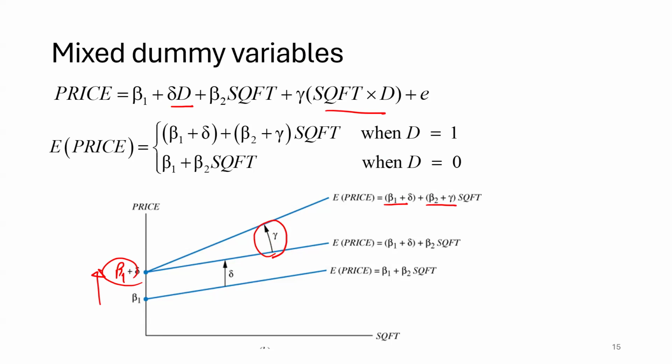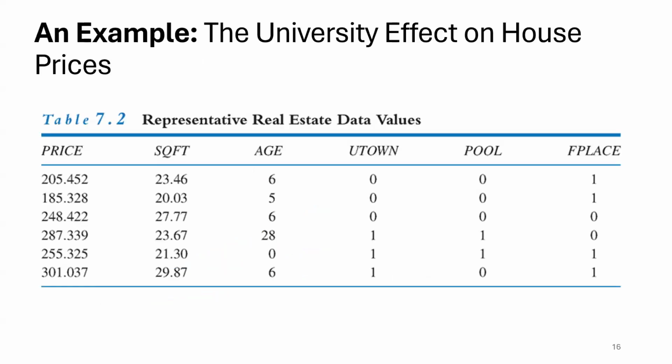Let's see the example. You will understand more how to use dummy variables. In this data, they would like to know the university effect on house prices, whether a house close to the university has a higher price than a house far from the university.